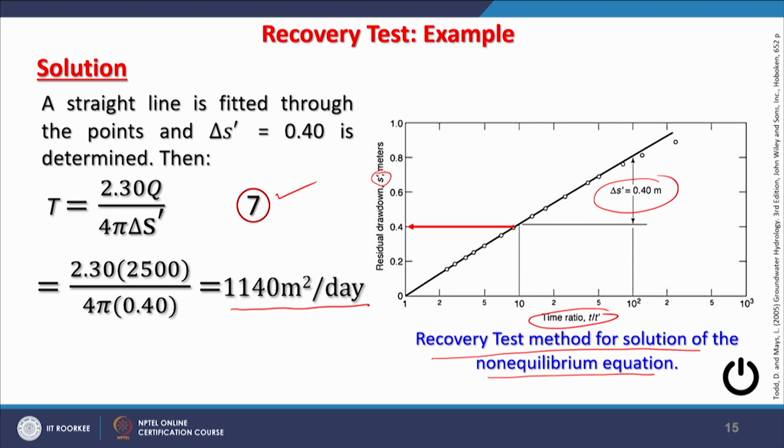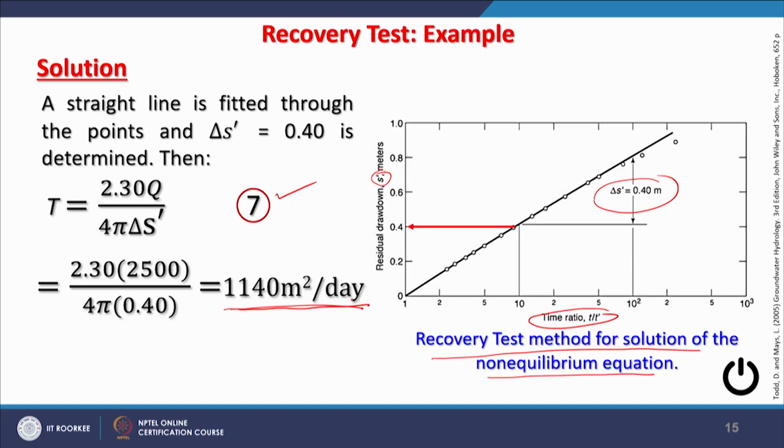Likewise, we can determine T during the recovery test using the same equations as during the pumping test; the only difference is that we use the values with the dash. The value obtained here can be compared with the previous discussions, where the T value would be almost the same as during the recovery test.